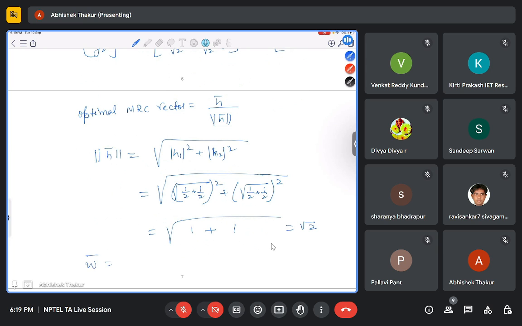So our optimal MRC vector W bar will be H bar divided by the magnitude of the H vector. So it will be 1 by root 2, and our H vector is 1 by root 2 plus 1 by root 2 j, 1 by root 2 minus 1 by root 2 j.